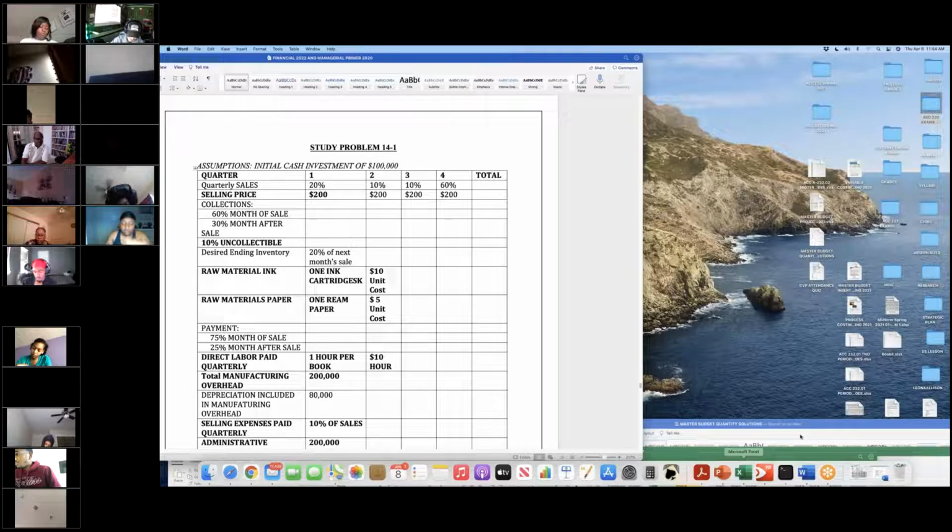Okay, so 14-1 gets into how we might lay that out to make sure we got all the cost in.